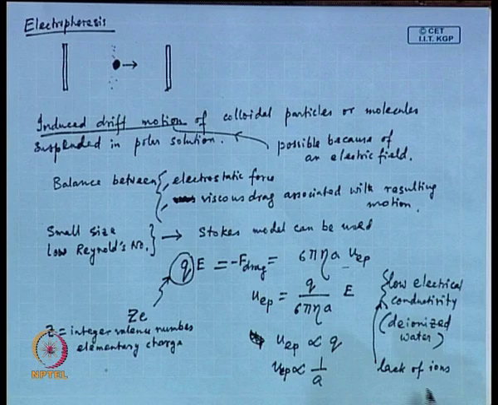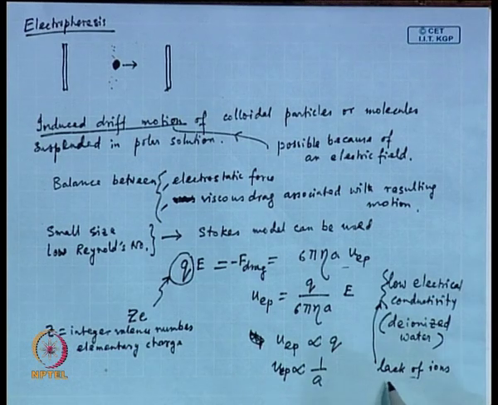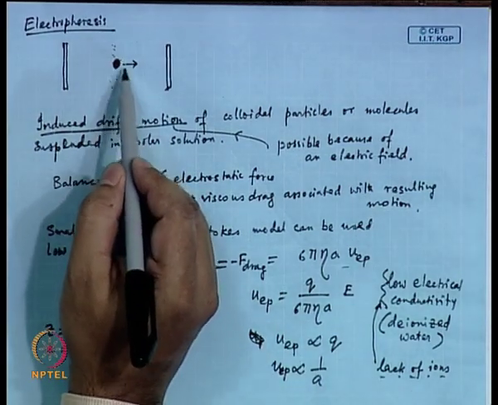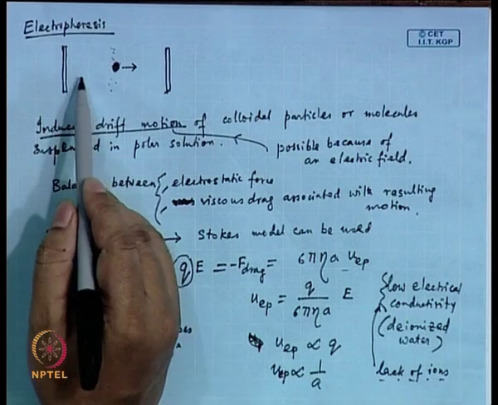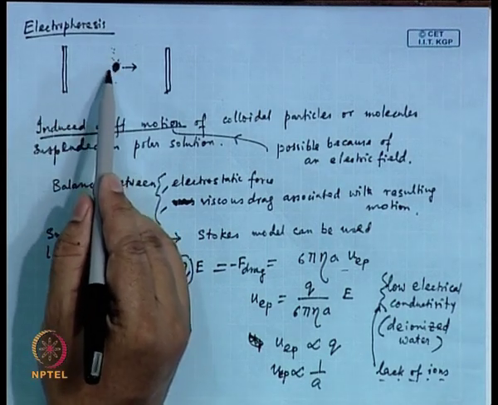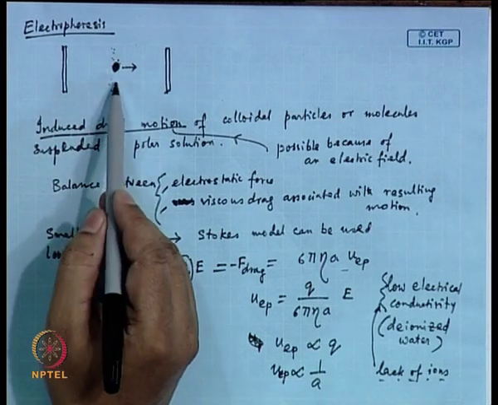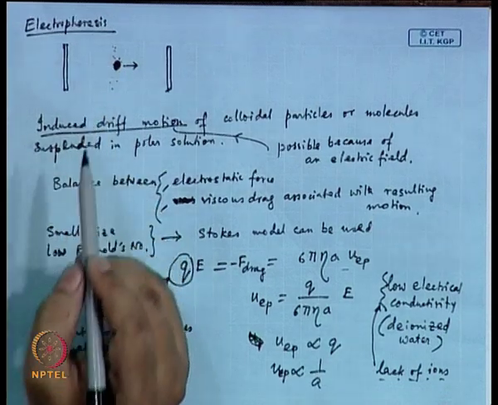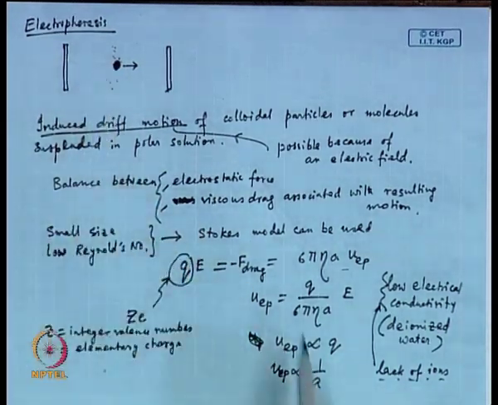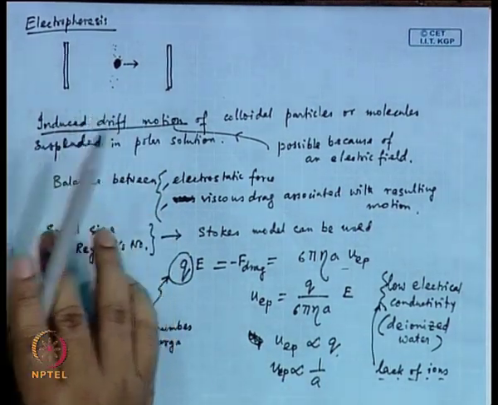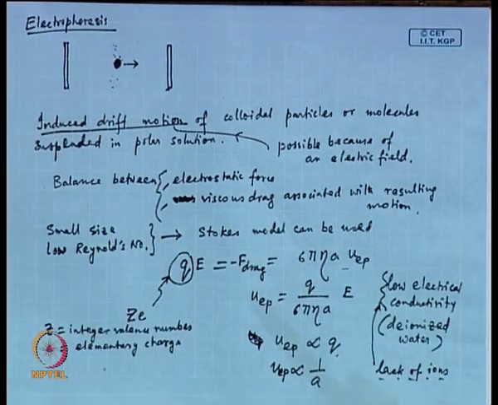If there were more such ions available from the medium itself, these ions would accumulate around the charged particle and partly neutralize its charge. So, you would be working with a lower Q in that case, and you would not get the level of sensitivity or the level of motion that you can expect otherwise.